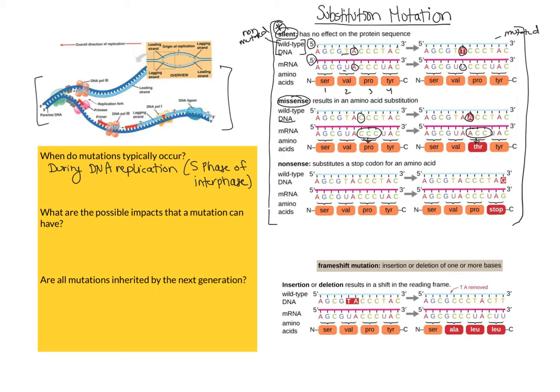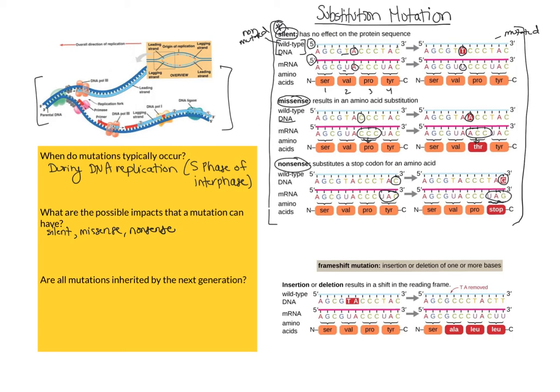So in this case, the substitution occurs in this last nucleotide, where there used to be a C, now there is a G. That affects the last codon. That used to be UAC and led to tyrosine, but now is UAG, and that actually stops translation. So that's called a nonsense substitution mutation. So those are some possible impacts so far, right? It can be silent, missense, or nonsense, depending on how or where the substitution mutation occurs.